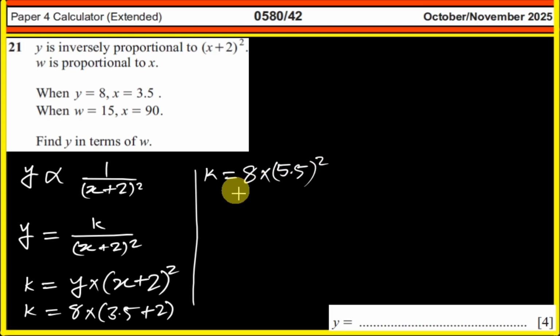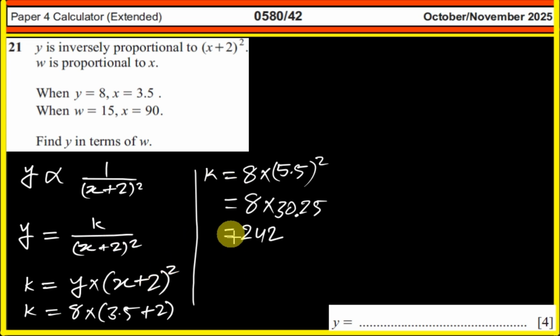This is a calculator paper, so you can use a calculator. Now if we multiply 8 times 30.25, we get 242. So this is k.